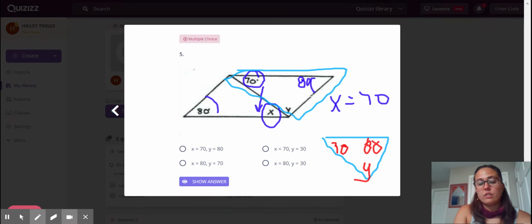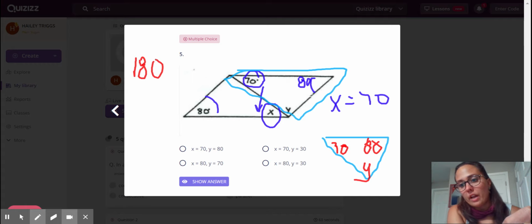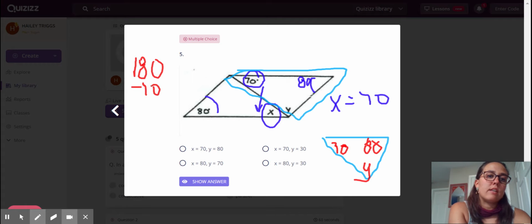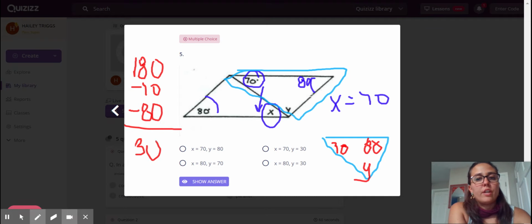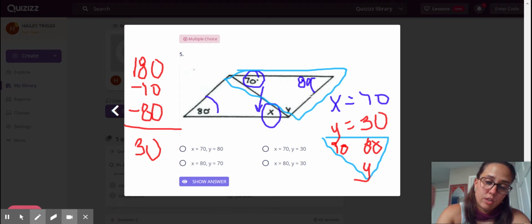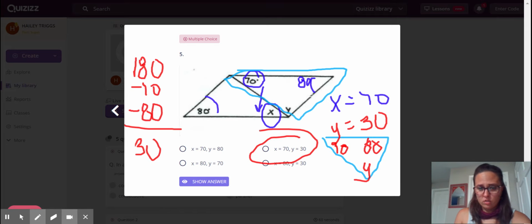So if we took 180 and subtracted the other two angles, we'll get the third angle. So 180 minus 70 minus 80 is going to be 30 degrees. Therefore, y has to be 30 degrees. So the correct answer would have been x equals 70, y equals 30.